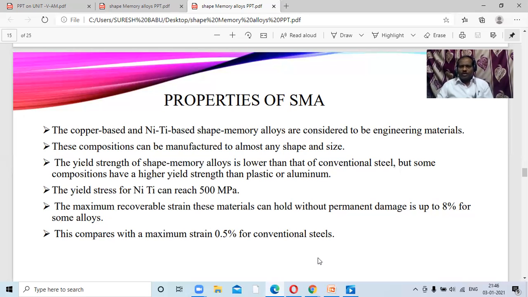So by this what we can show is that shape memory alloys perform best in a few applications when compared to steel. Why steel is referred to is that steel is the most widely used material in all engineering applications compared with the remaining materials.